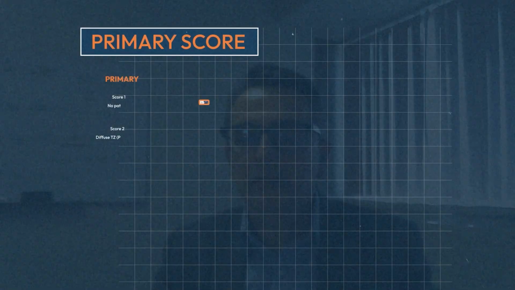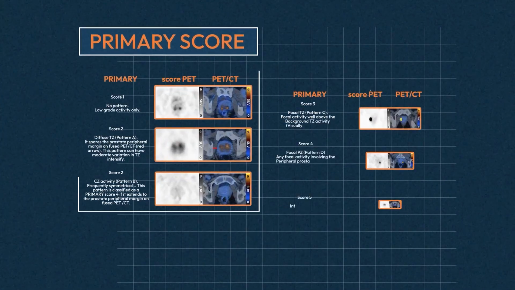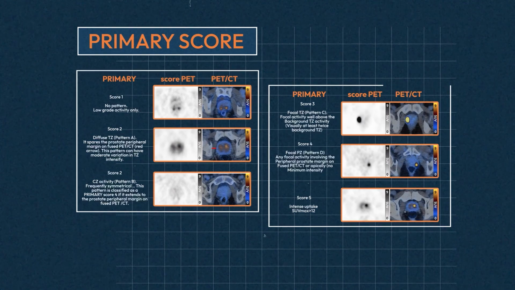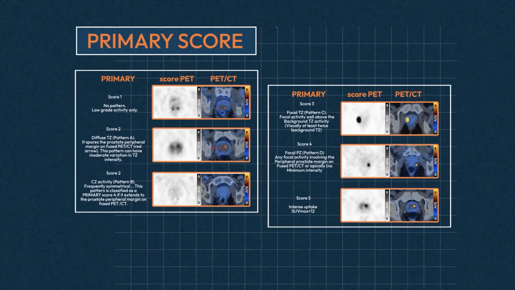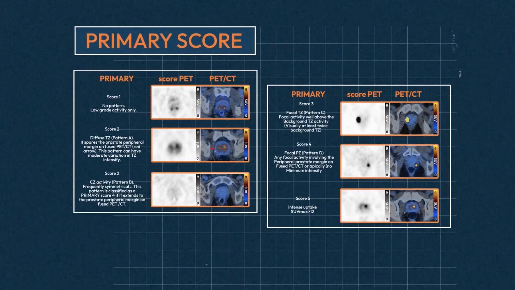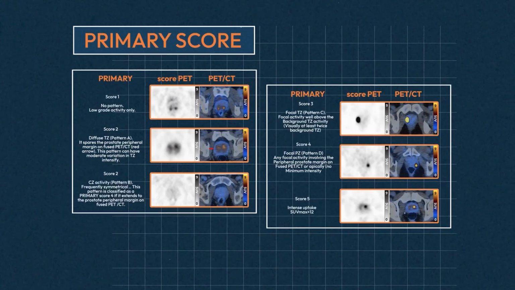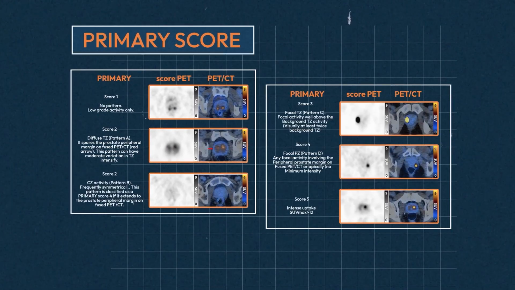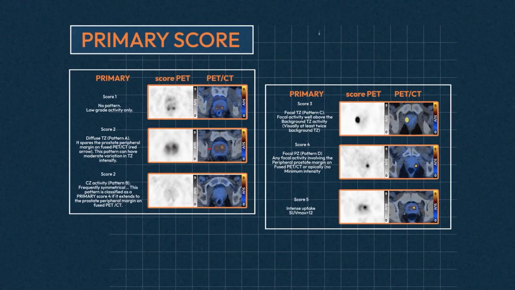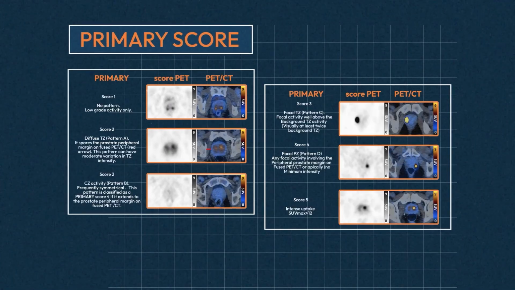So the primary score has been developed to help identify sites of prostate cancer in the prostate. It classifies patterns of PSMA uptake in terms of things like symmetry, location, and intensity.